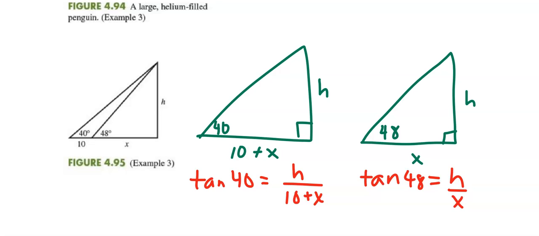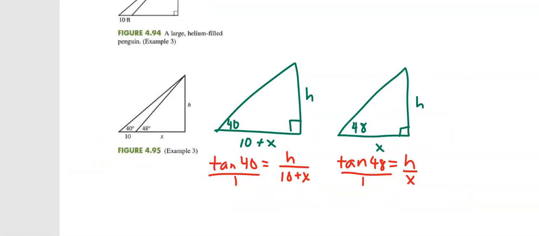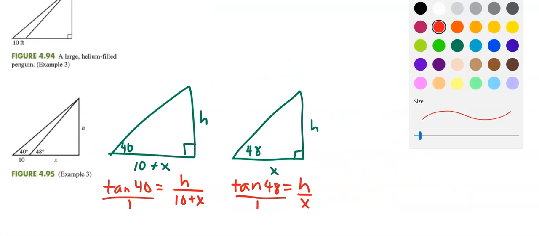I think it's easier if we solve these equations for x, and then do some substitution. Actually, I think it would be easier to solve for h. Yeah, that would be better. Let's solve for h.